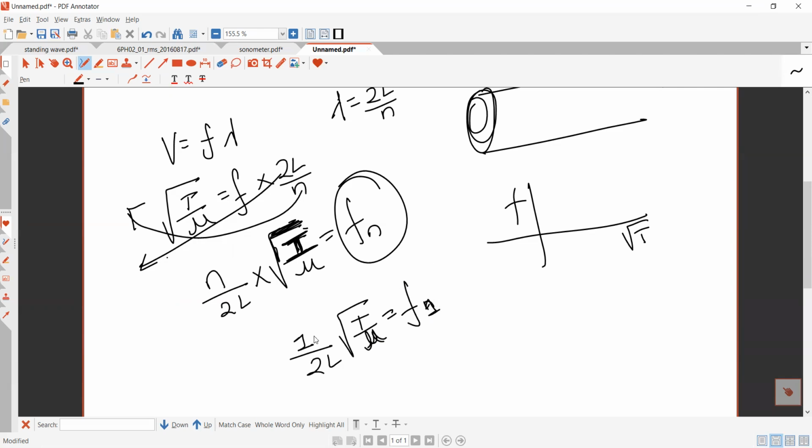Most of the time they give you this equation, but sometimes they put n over here, but 90% of the time they put 1 over there, because we always talk about only the first fundamental frequency. That is the reason I don't have any graph for f and T, I only have a graph for f and root of T.